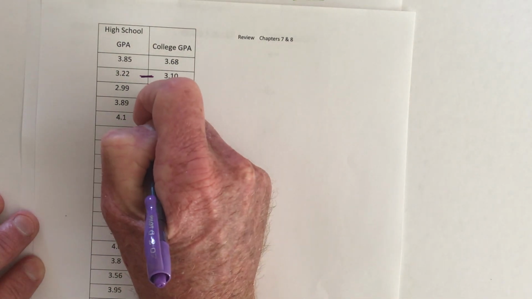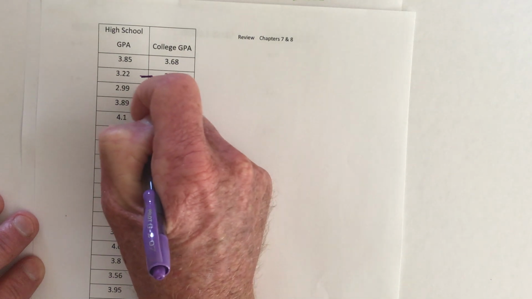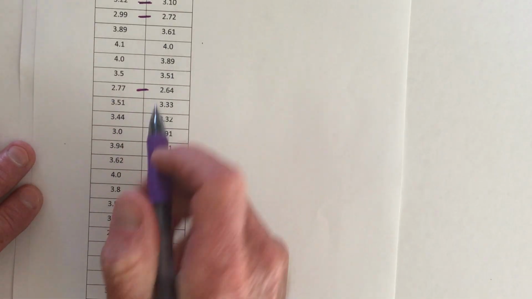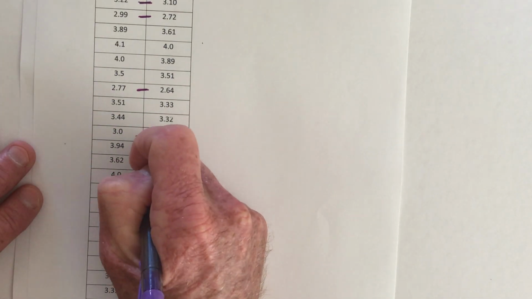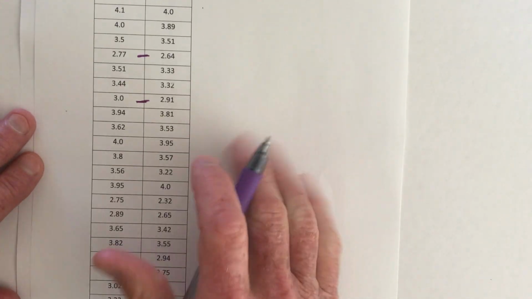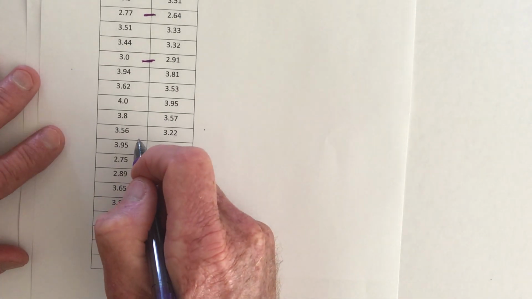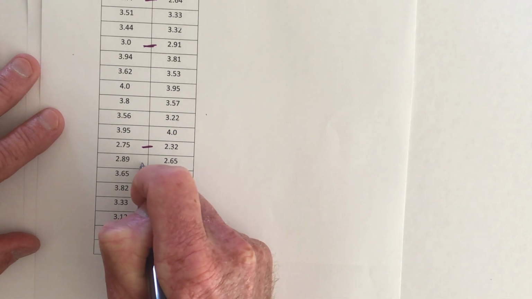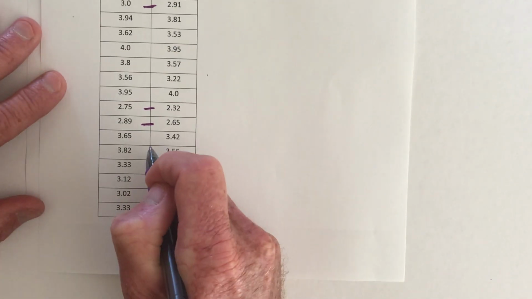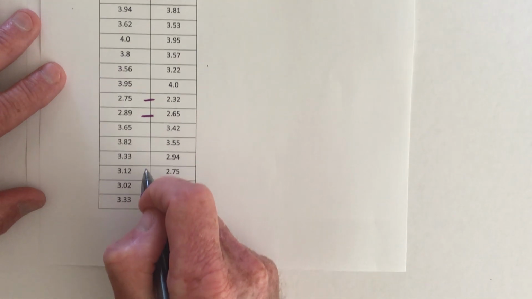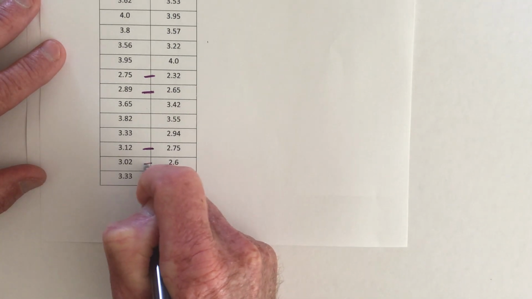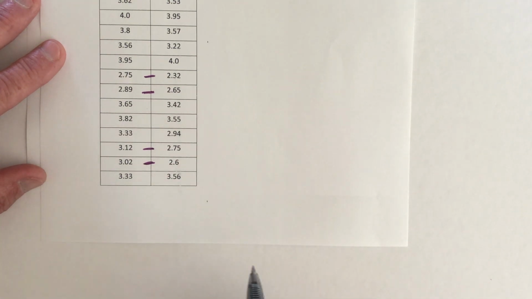So next, if it's under 3.25 for their high school GPA, here's one, under 3.25, and another one right here, and under 3.25, and then under 3.25, and under 3.25.